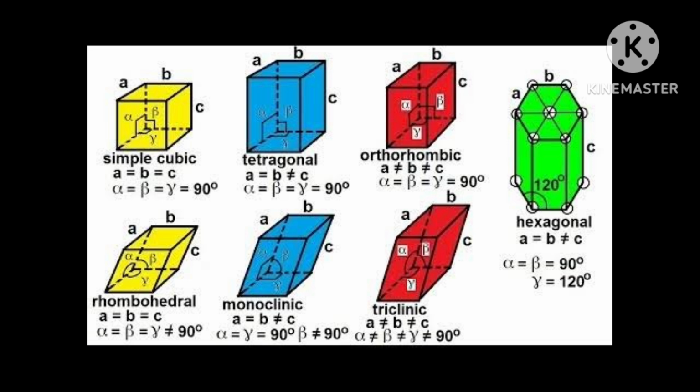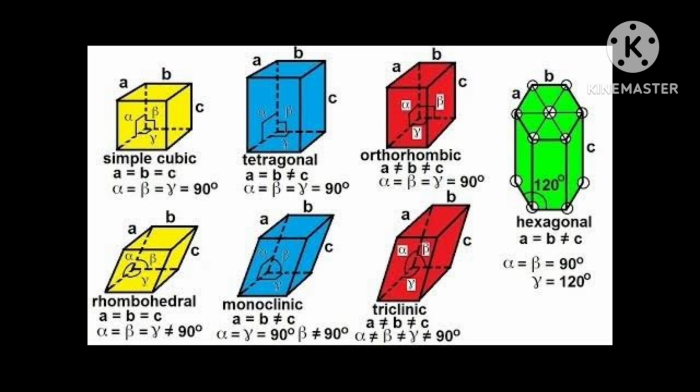And also I will tell the axial angles, meaning the values of alpha, beta and gamma, and examples. This I will tell for all 7 structures. Okay, 7 primitive unit cells and their possible variations as centered unit cells.